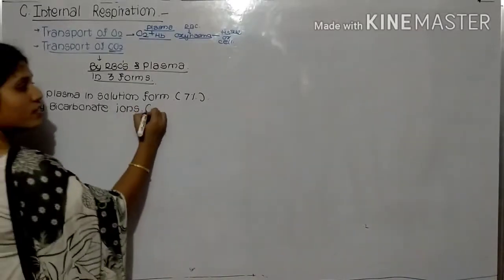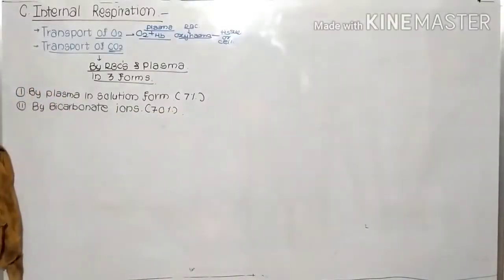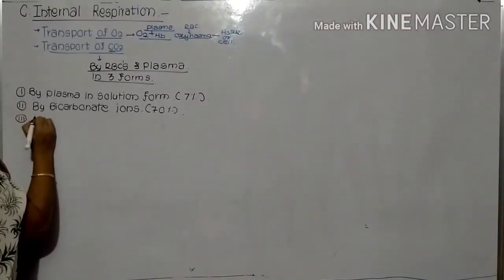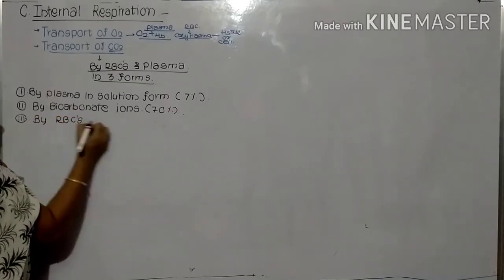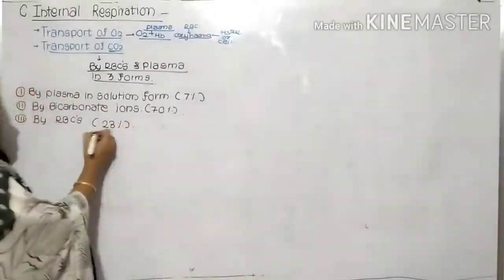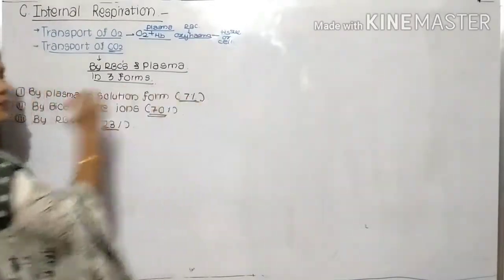By this, 70% of the carbon dioxide gets transported. Now the next one is by RBCs. How much percentage remains? 23% remains, so this 23% of carbon dioxide gets transported by the RBCs.